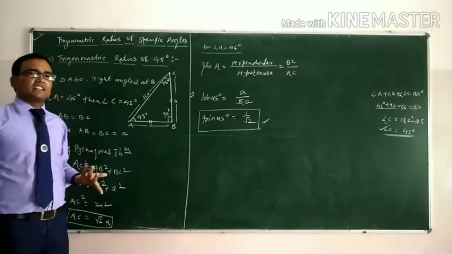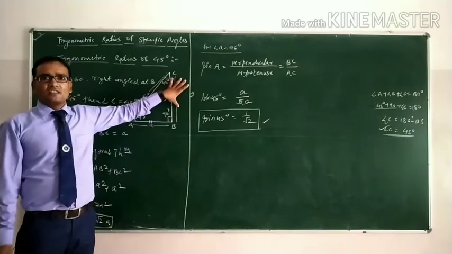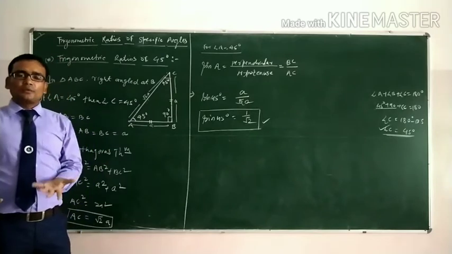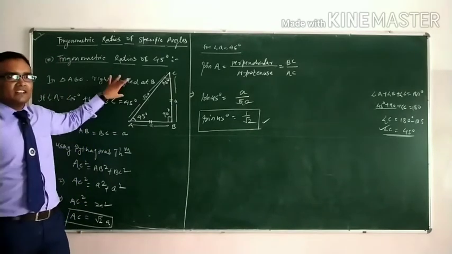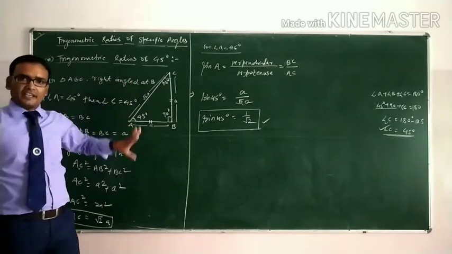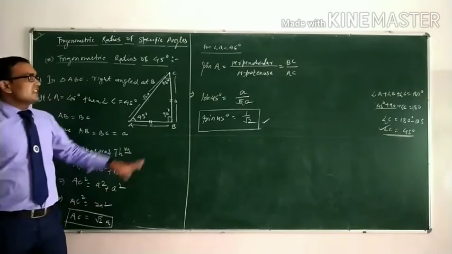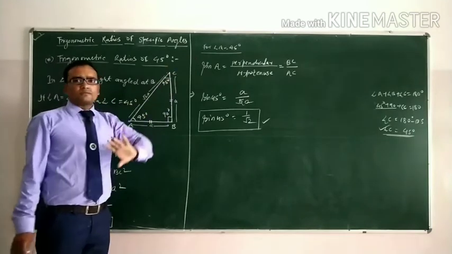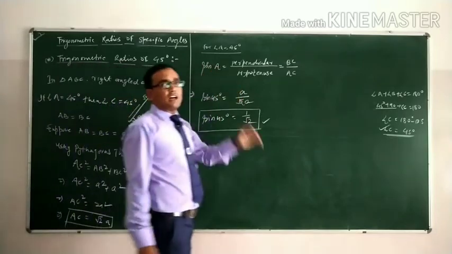We suppose that the length of AB and length of BC both are equal, which is a, then find the value of AC. AC is square root 2 a by using Pythagoras theorem. Then sine A equal to perpendicular side upon hypotenuse.